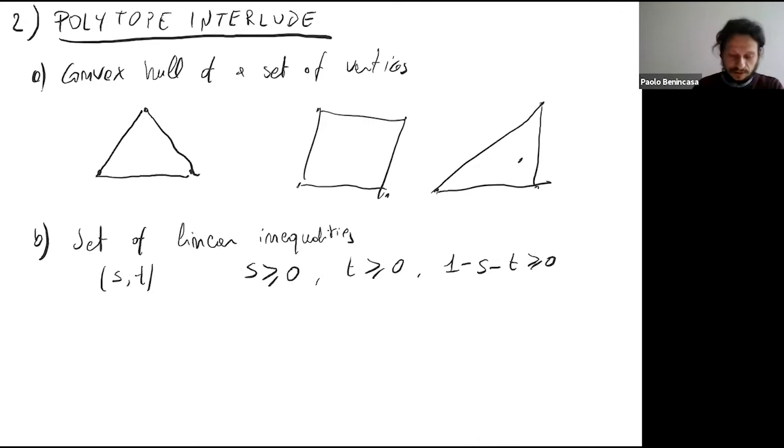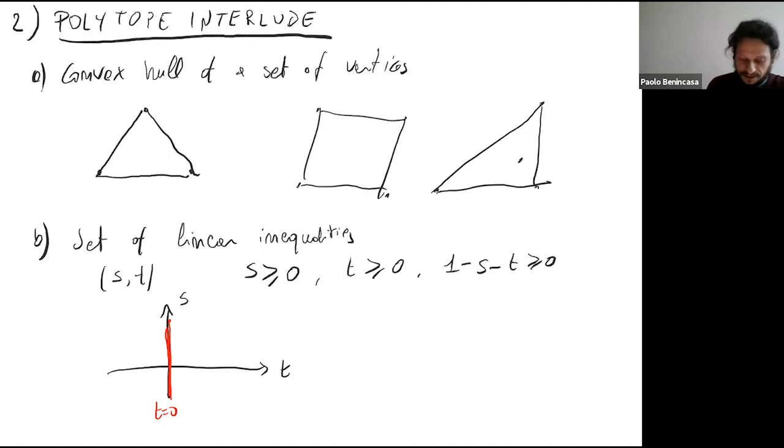In the plane t and s, t equals 0 will define this line. s equals 0 will define this line.